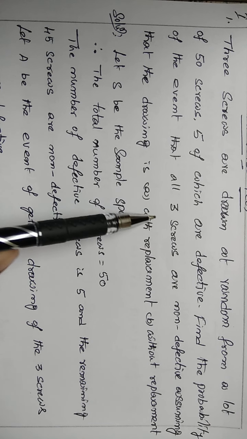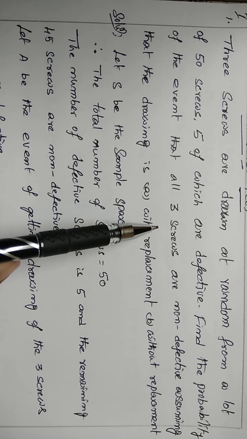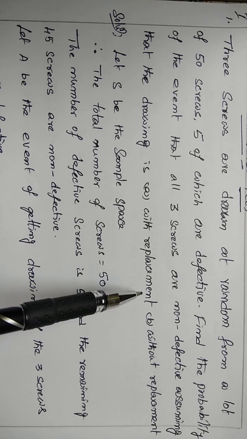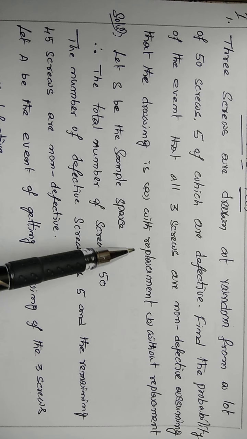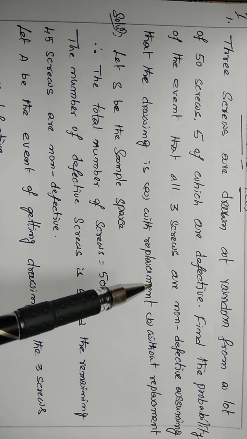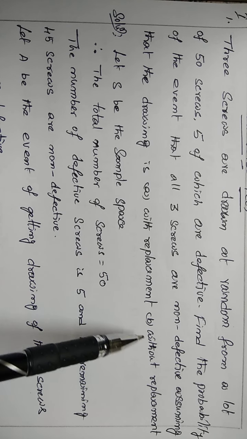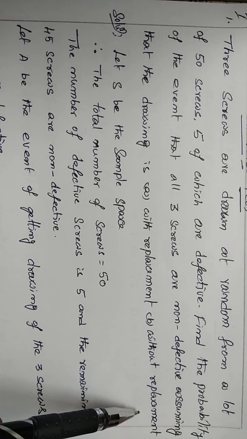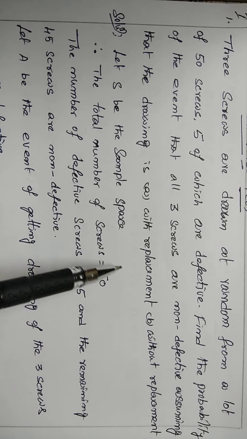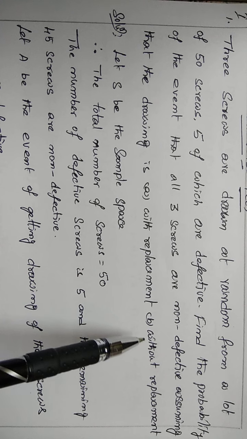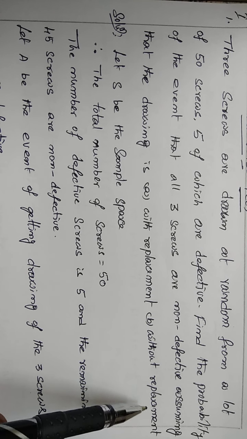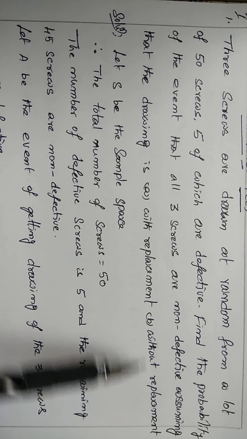That means here we are drawing three screws. First case, with replacement: if you draw screws, again put them in the lot. Second case, without replacement: that means once you draw, we should not replace it in the lot. This is the given information.